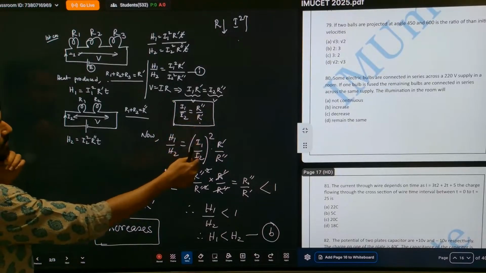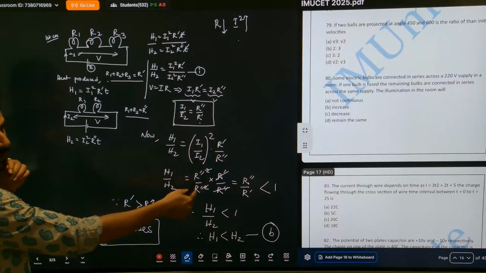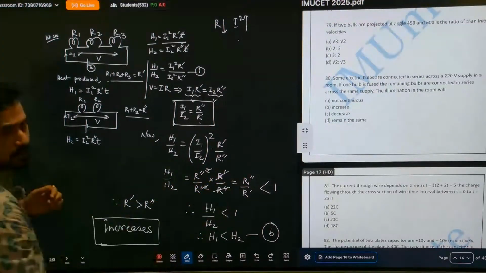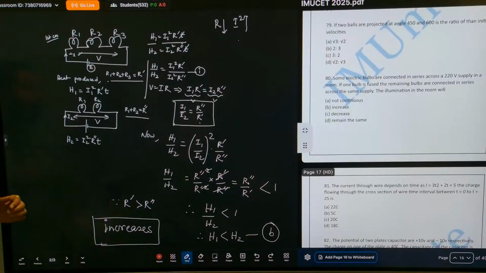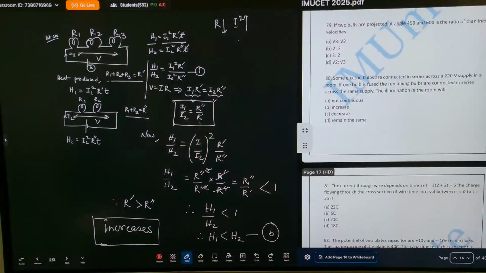I1 I2 means R double dash by R dash, उसका स्क्वायर हो गया देखो इधर. तो करने के बाद क्या रहा, R double dash by R dash रहा. Joule's law में क्या था याद करो, H equals I square R T. Okay, if R is decreasing and I is increasing, square of the I would be much greater than the R.